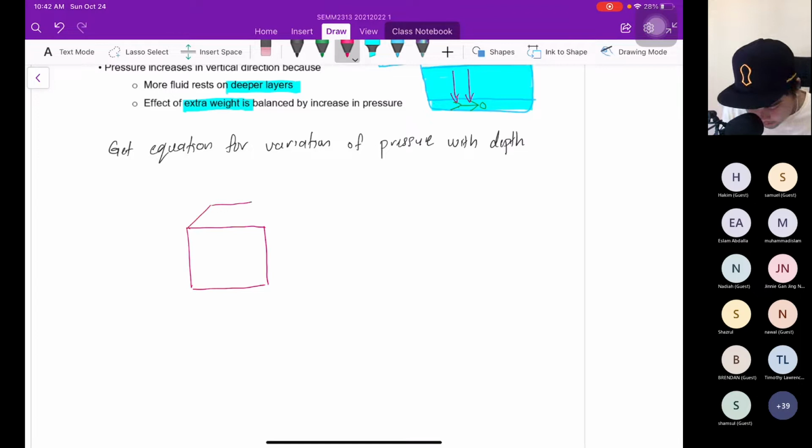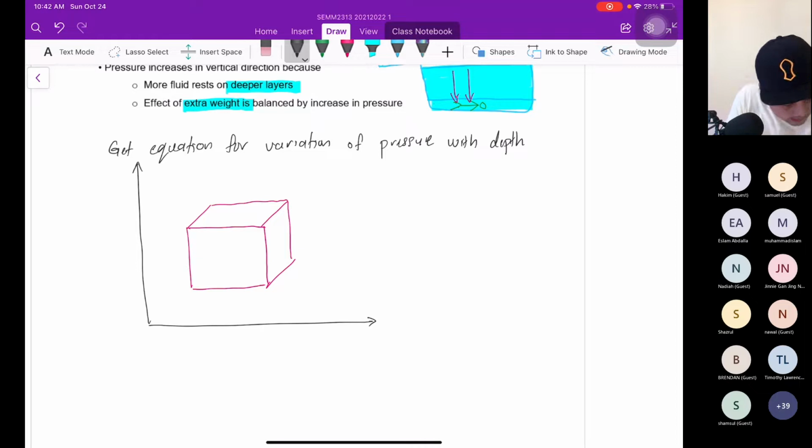We have the cube submerged into the water. So this is the axis. Let's say this is Z, this is X, and of course this one is Y. What do you think of the pressure?